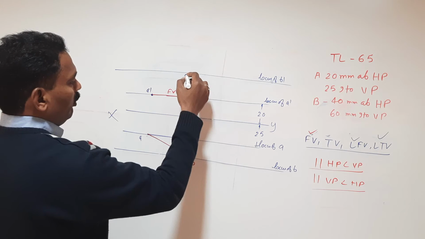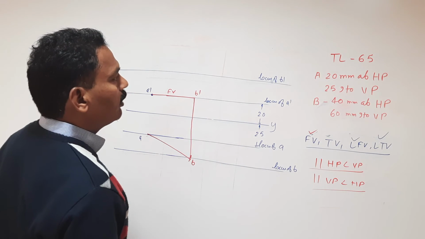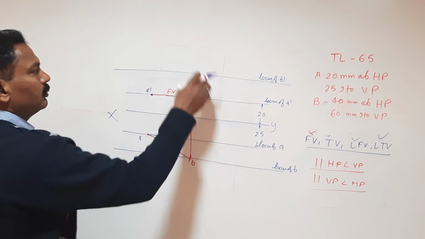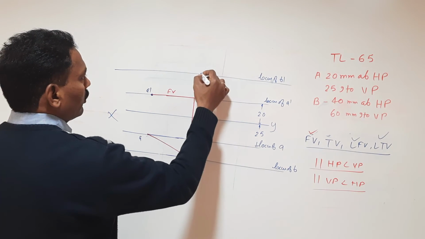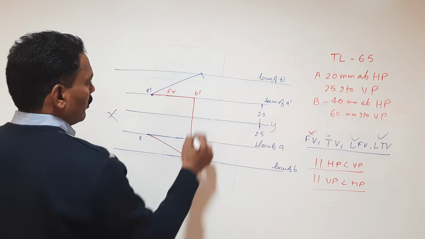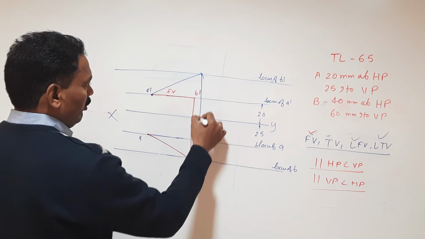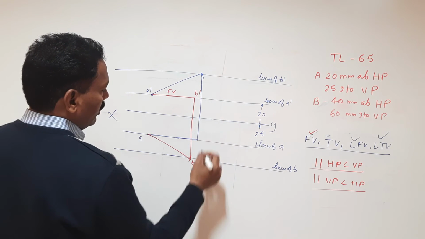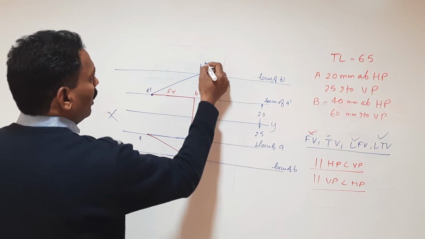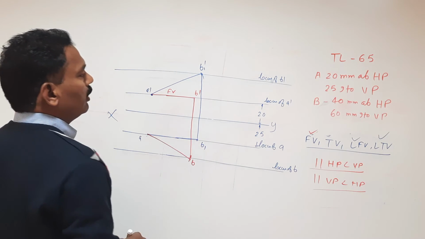It may be somewhere here because this one is 60 in front of VP. So the projection at this position may be like this. Take it as B1 dash and this one becomes B1.